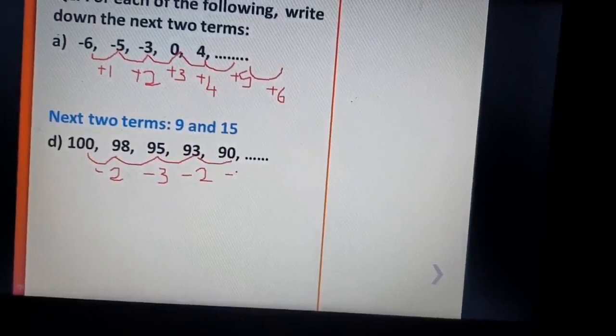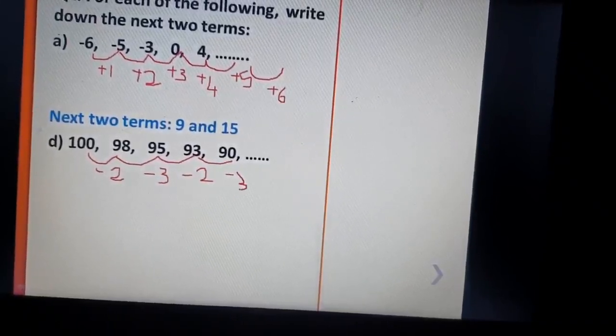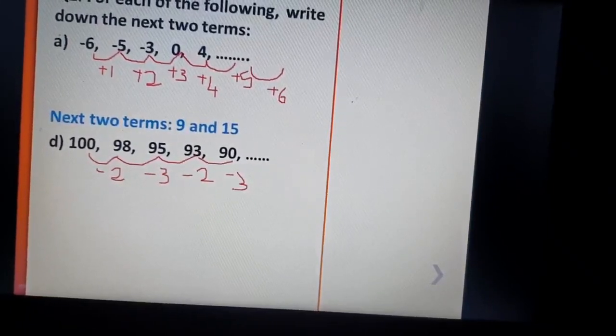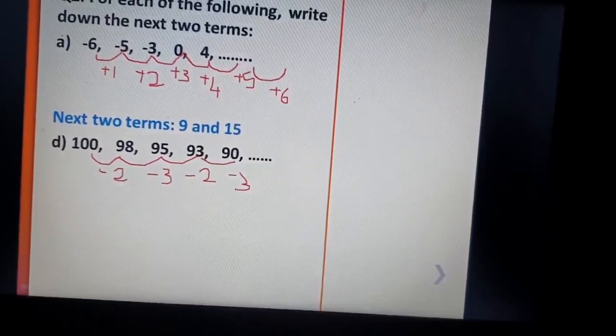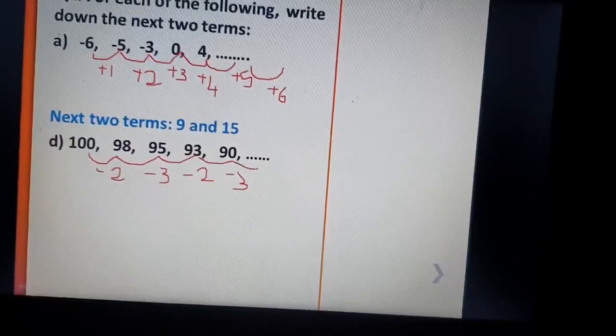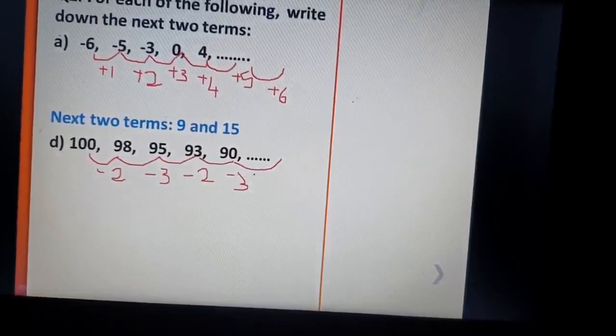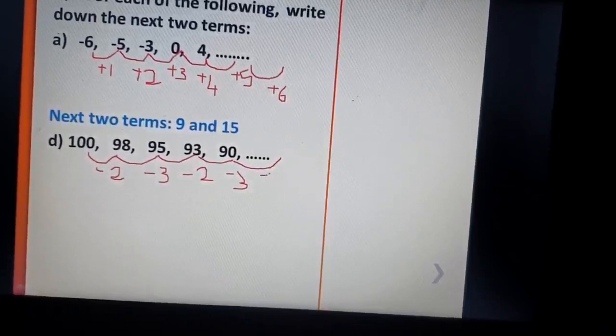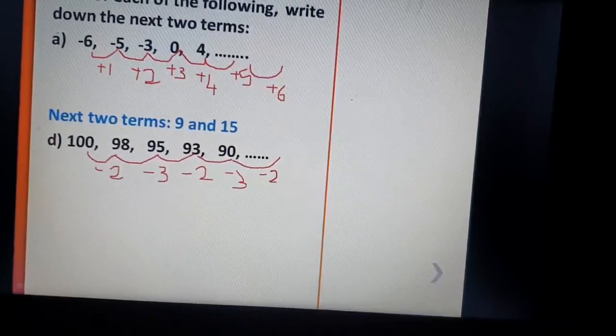So here again you can see the rule. You are subtracting 2 and 3 alternately. Correct? First you subtract 2, then you subtract 3, then again 2, 3, like that. So here the next one will be what? You have already done minus 3 here. So the next one will be minus 2.